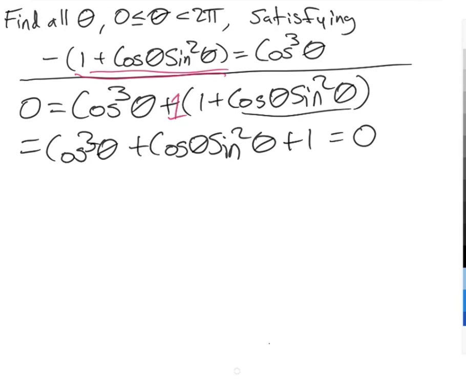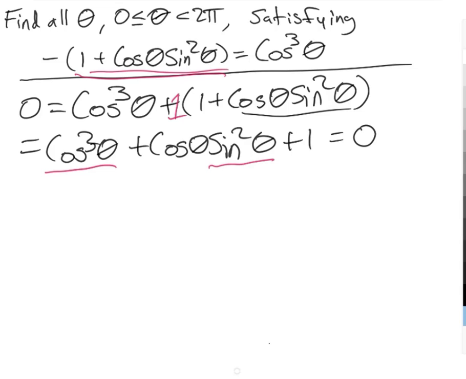Now that we have moved everything to one side, what we want to do is look for simplifications using known identities. One known identity is the Pythagorean theorem. The Pythagorean theorem says that cosine squared of theta plus sine squared of theta is equal to 1. If we look very closely, we might notice that we have a sine squared of theta there, and there's also a cosine squared of theta in this cosine cubed term.